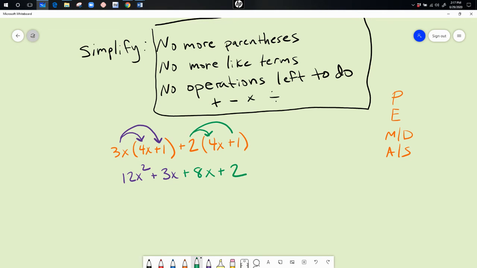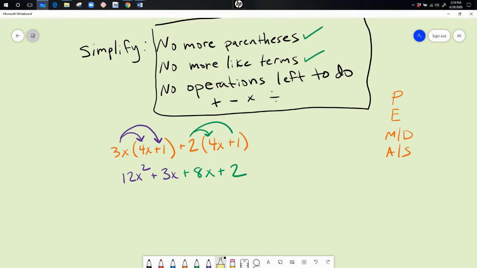Remember, the directions were simplify. First, use the distributive property. We did that, and then combine like terms. So basically, if you look up here in the steps, get rid of parentheses and get rid of all like terms. Let's do that.